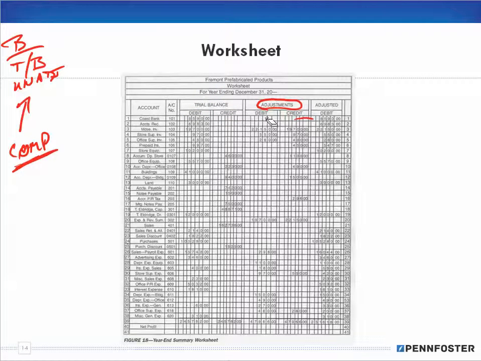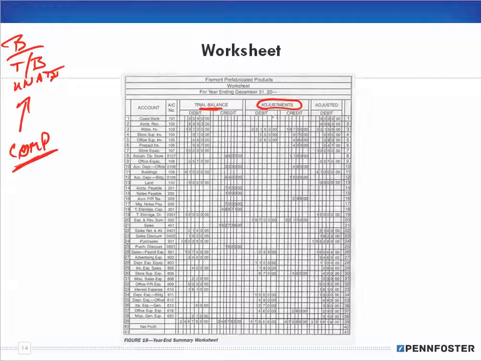In the next two columns, we have adjustments. Well, what these adjustments are, remember, the trial balance is called unadjusted because it's before we make the adjustments. We don't know if those entries are correct or incorrect. Now, I'm not going to go through all of these entries, because this comes from a different course, a different program.